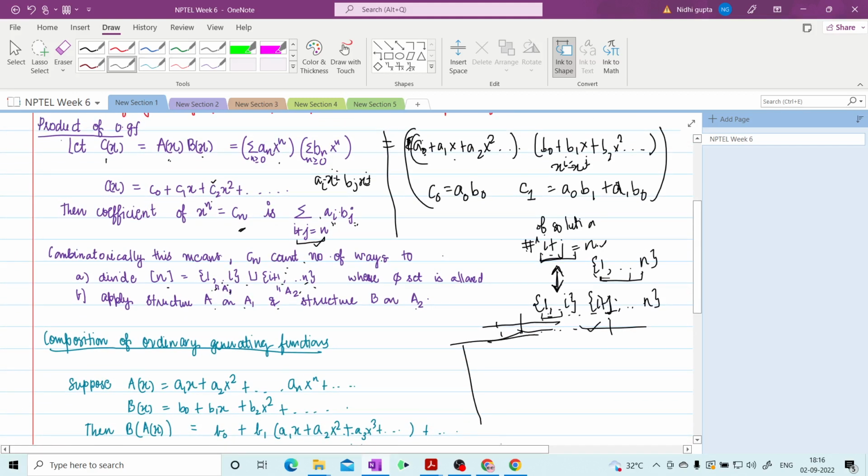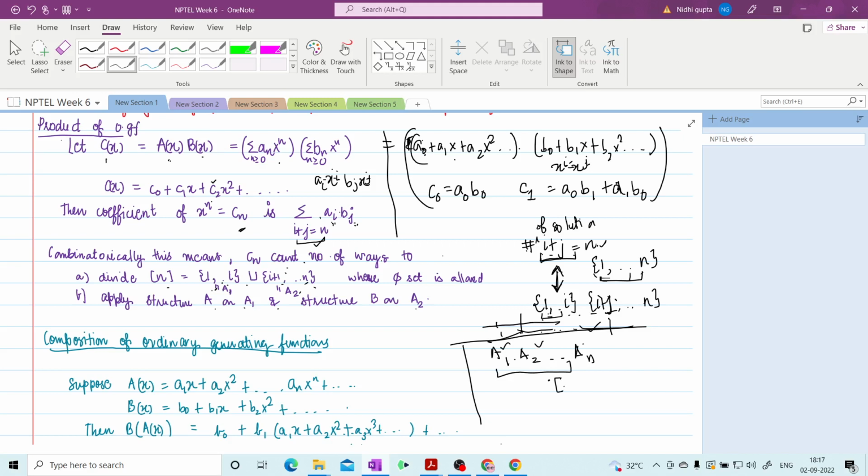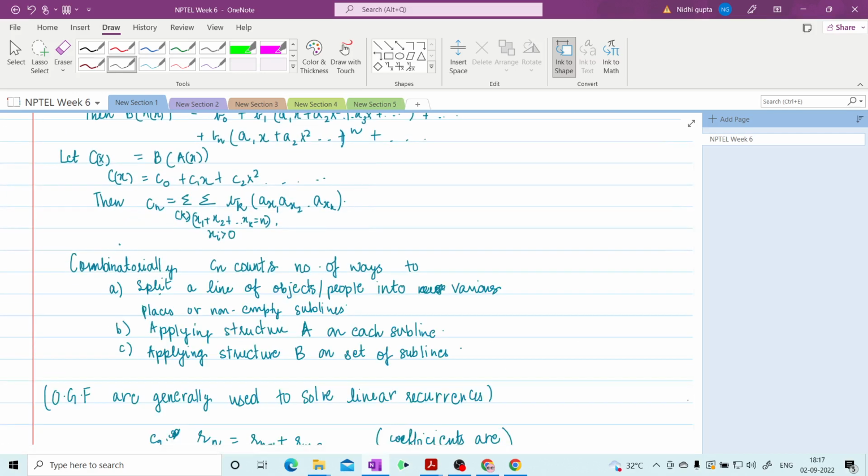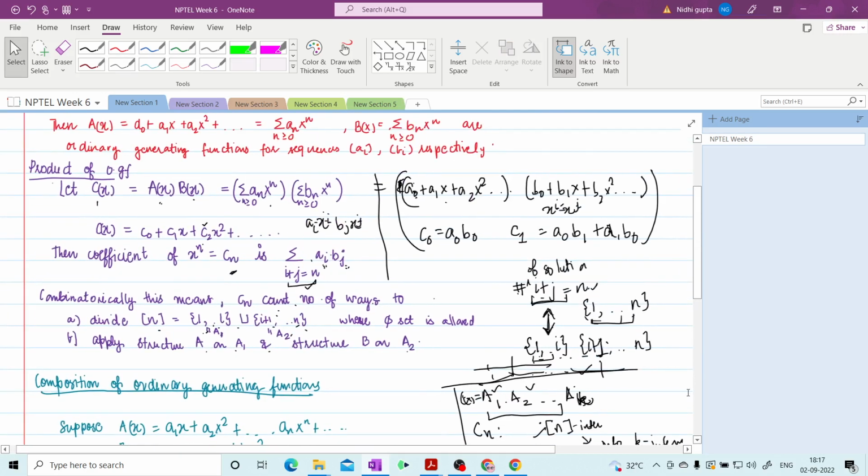And in general, if you have k ordinary generating functions, say a1, a2, up to ak, and c(x) is the product of these k generating functions, you can check that c_n is counting the ways of dividing this n set into k intervals, and mind you, these intervals can be empty also.